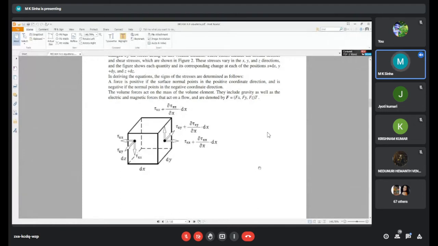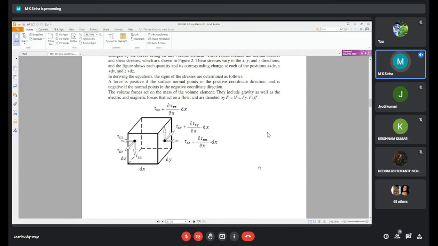As I told you, pressure acts inwards on the fluid element and stresses always act outwards of the given fluid element. So tau xx on the left face acts outward; that's why it is opposite to the coordinate system. Our positive coordinate direction is toward the right along the x-axis, and upward along the y or z direction.